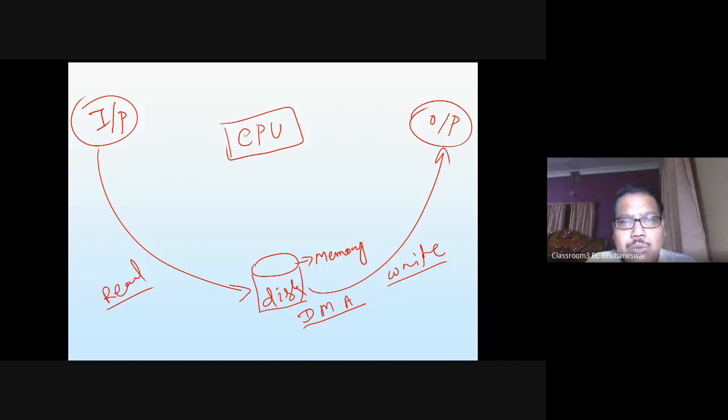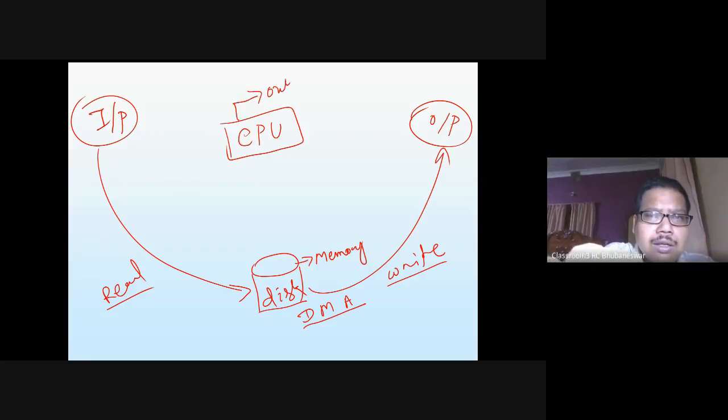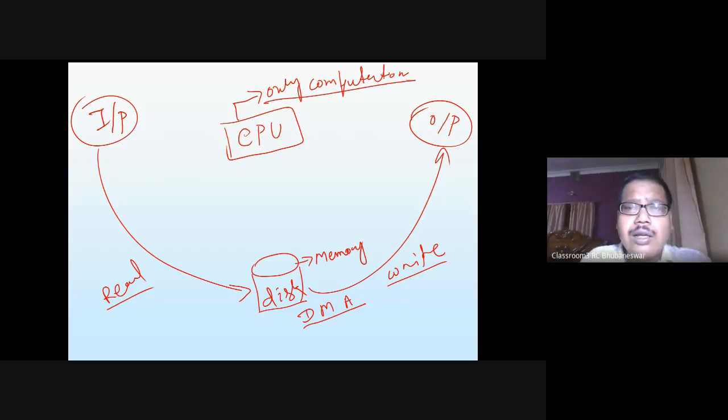CPU is no more used for reading and writing purposes. So the CPU does only computation. If the CPU does only computation, the efficiency of your processor is increasing, the throughput is maximizing, and the utilization is better.